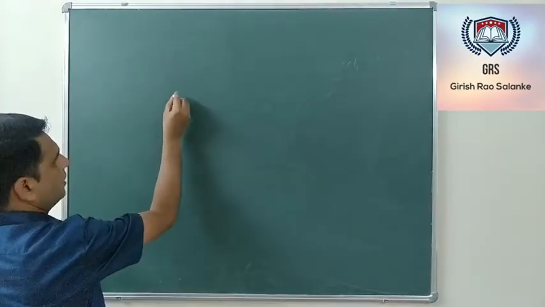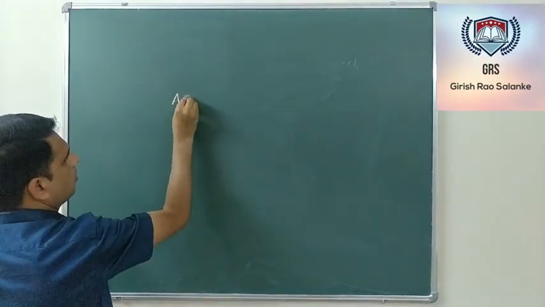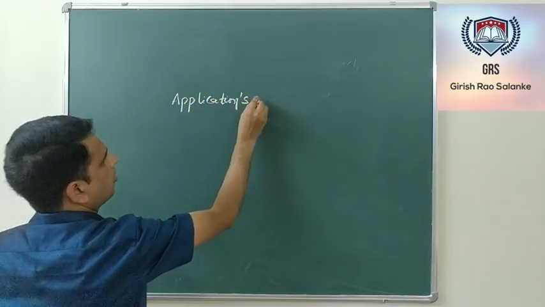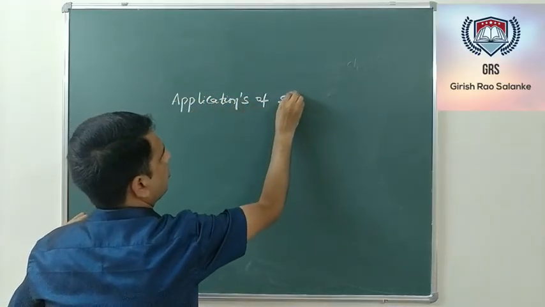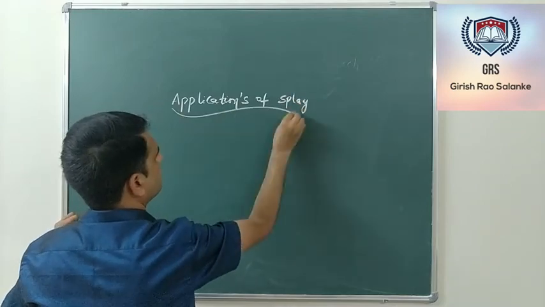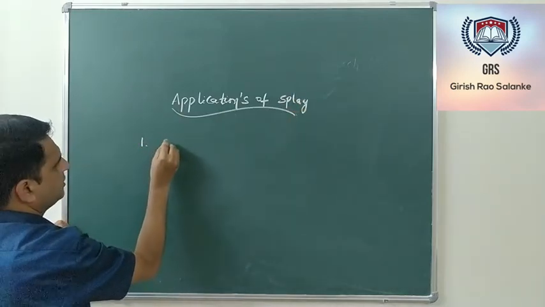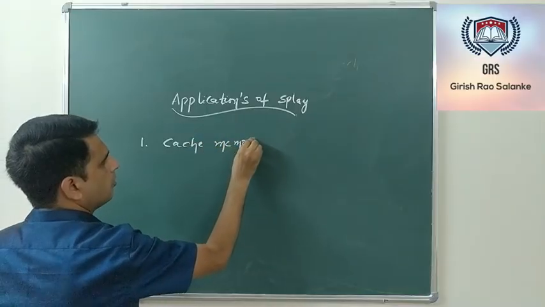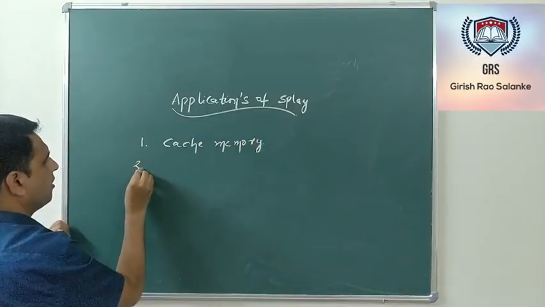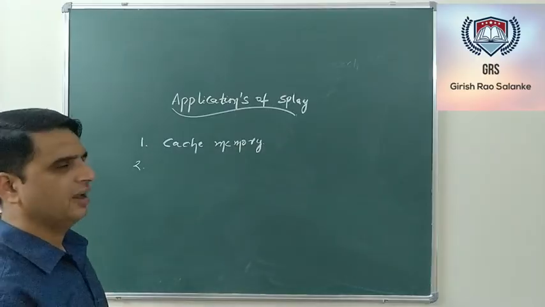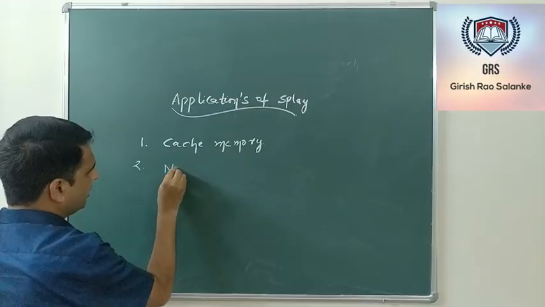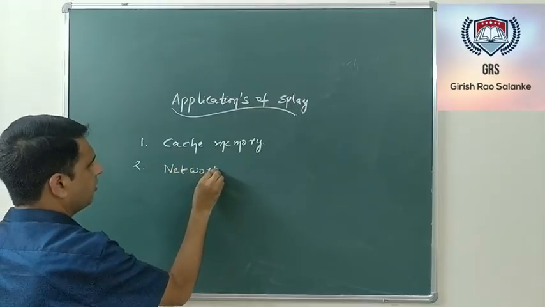So let me just list some of the applications. The first application is the cache memory. Second, it can also be used in the network routing table.